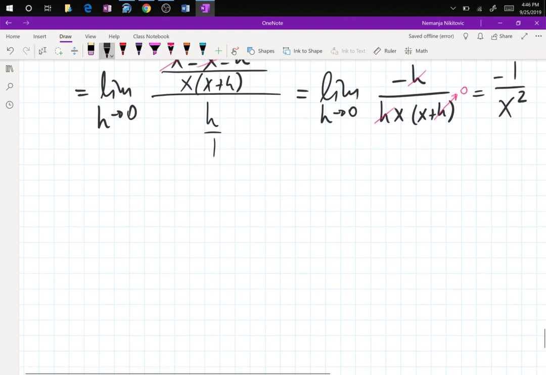So what we found is that if the function is f of x, and that function is 1 over x, then its derivative would be negative 1 over x squared. So that's what we found. And that f prime will be measuring the change inside the 1 over x. And that takes care of the entire section.